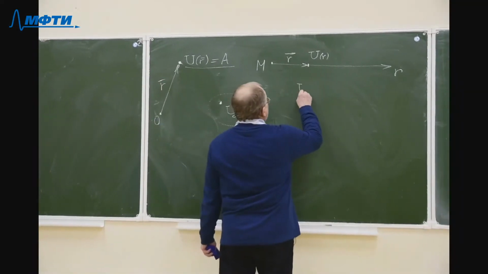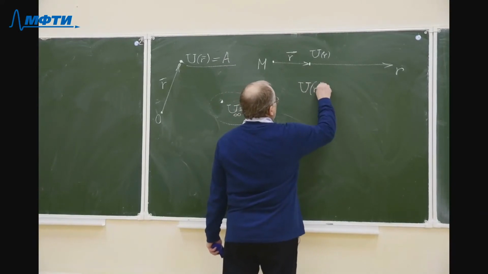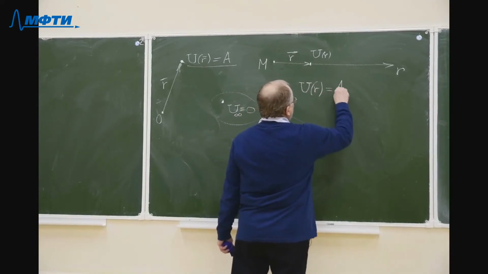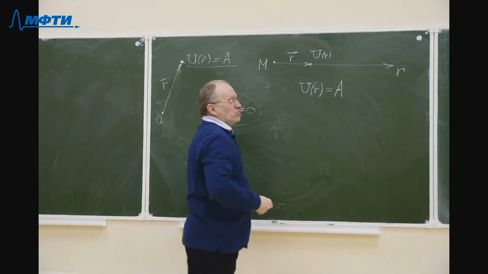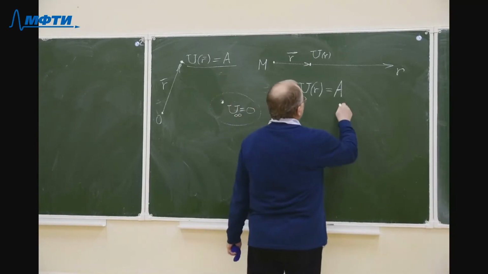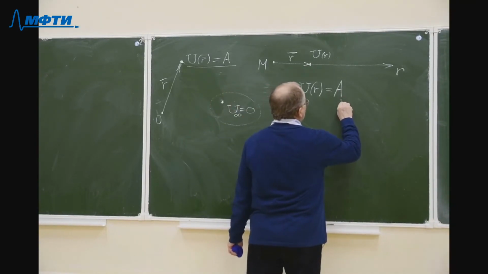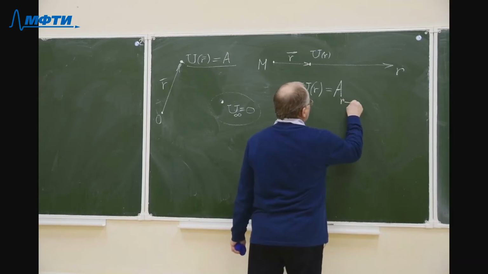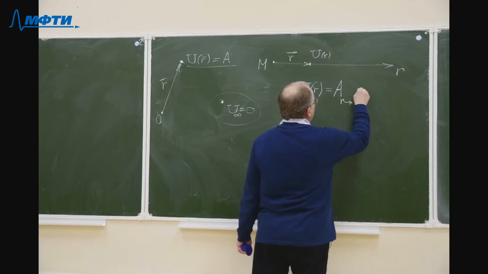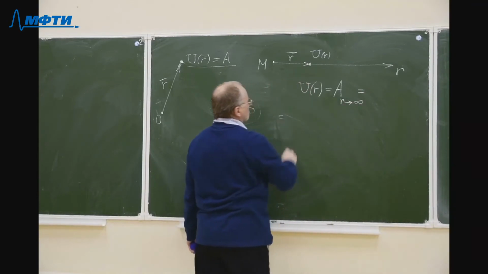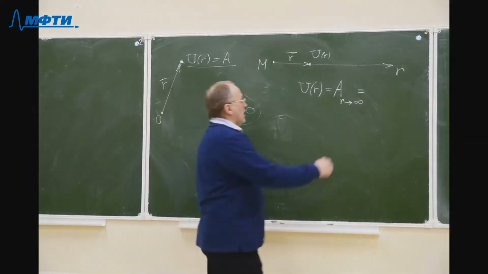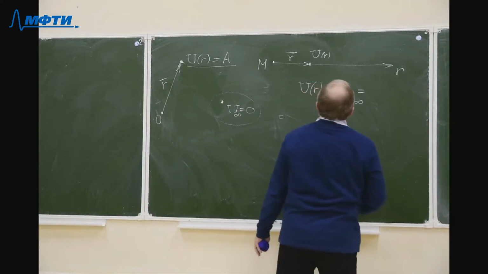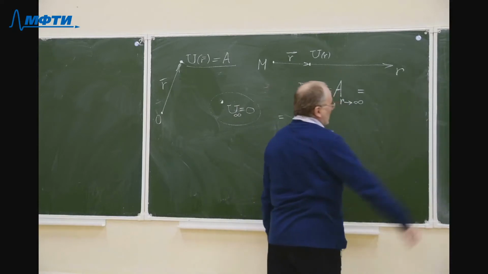So the potential energy at distance r will be just the work produced by gravity forces if we move our probe particle from point r to infinity. How to calculate the work when we move a particle?